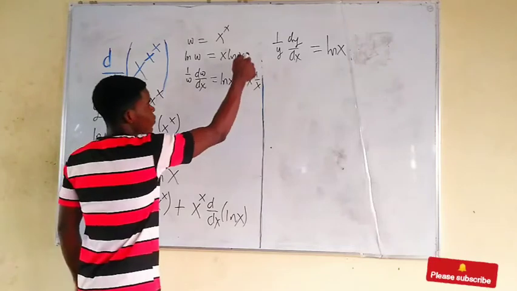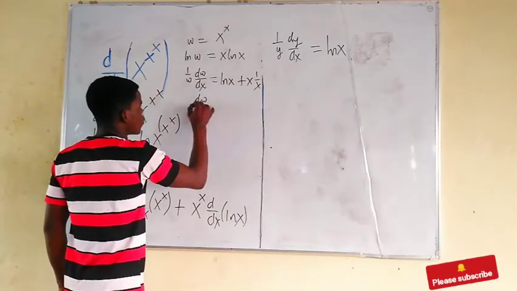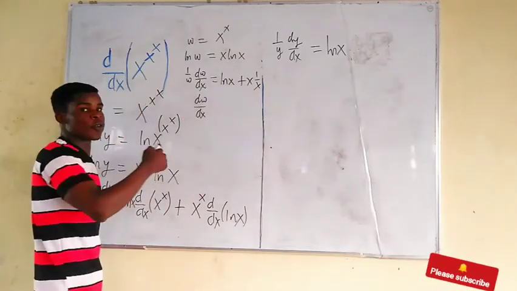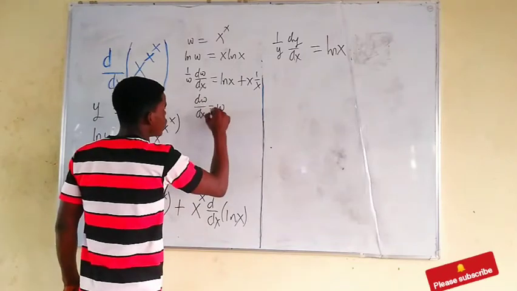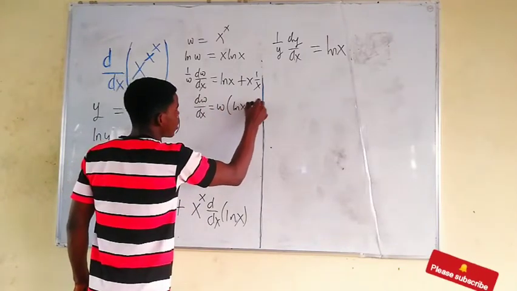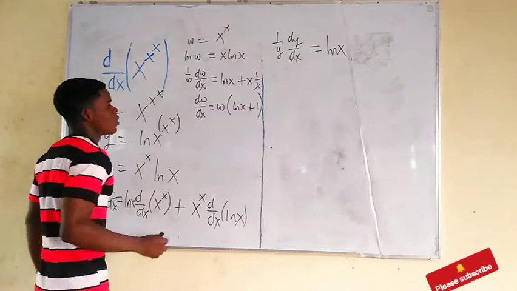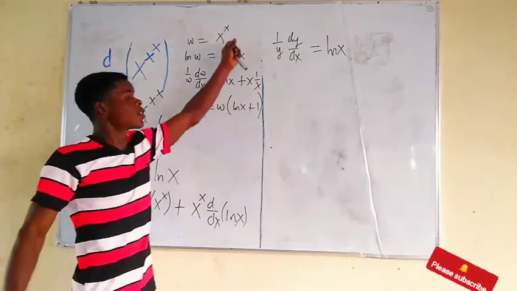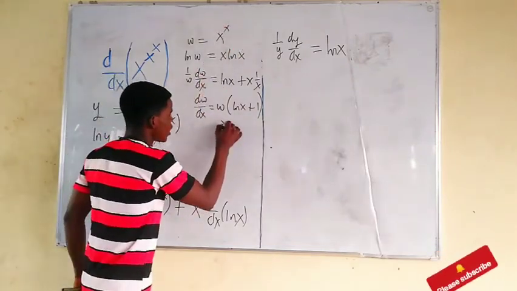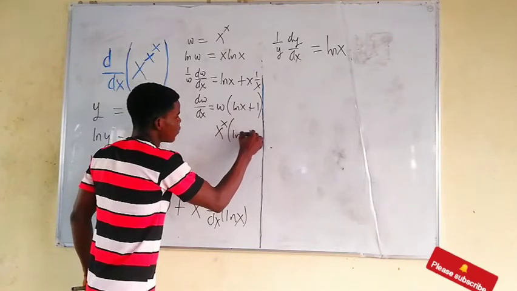Oh, this cancels out and relates to 1. So we have dw dx, to multiply w on both sides, we're going to have w times ln x plus 1, like this. Okay, so where w is x to the x power, so we have x to the x power times ln x plus 1.